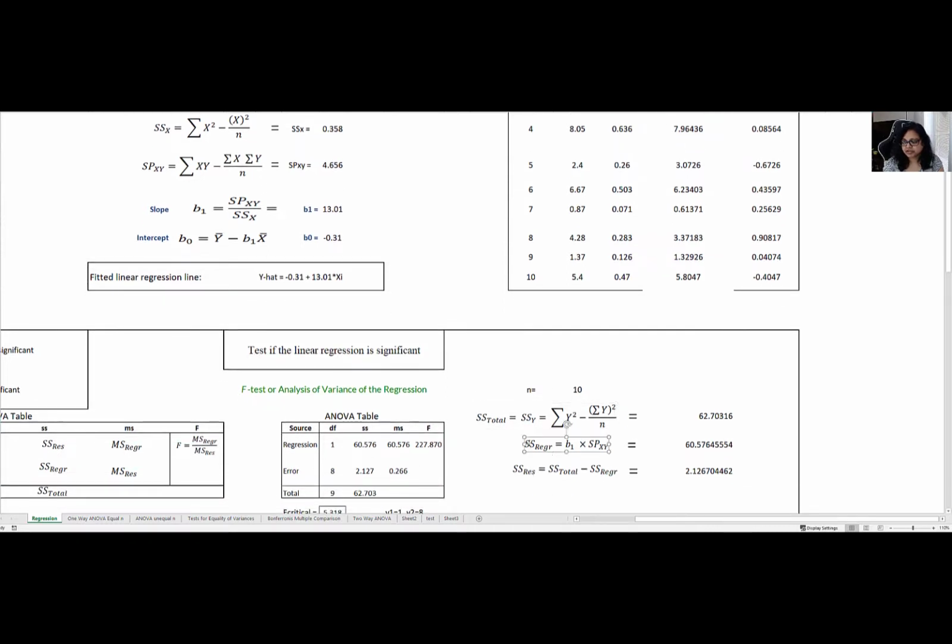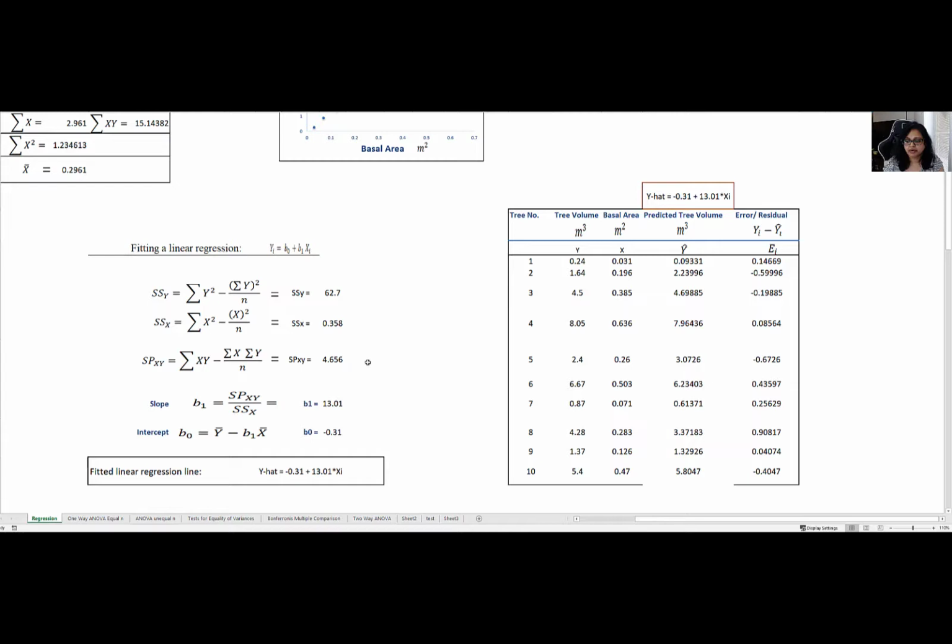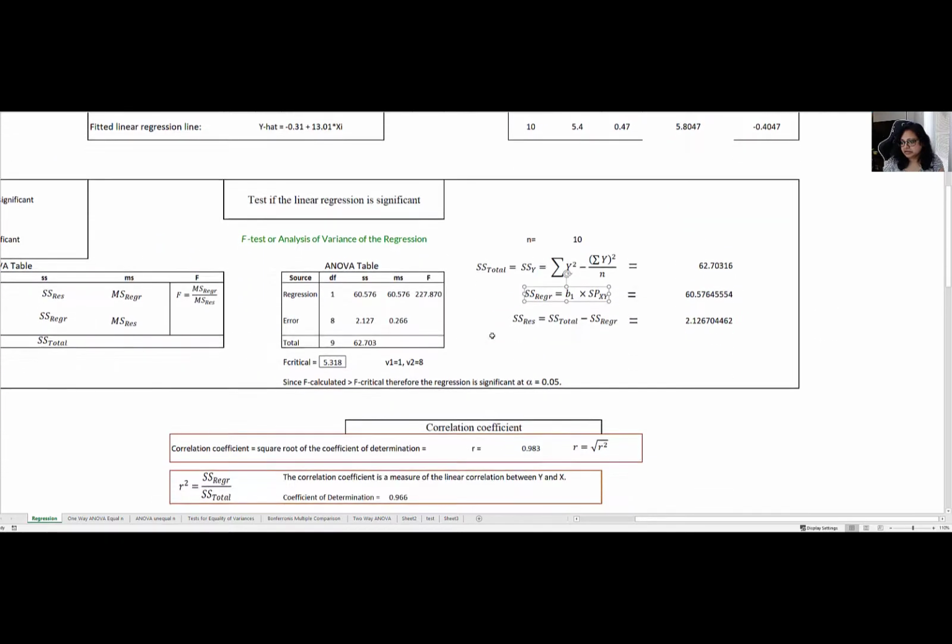The sum of squares of regression uses the slope multiplied by the sum of squares of product, which we found before. And then for the sum of squares of residual, you just need to take the total minus the sum of squares of regression. That's how I found all these sums of squares.